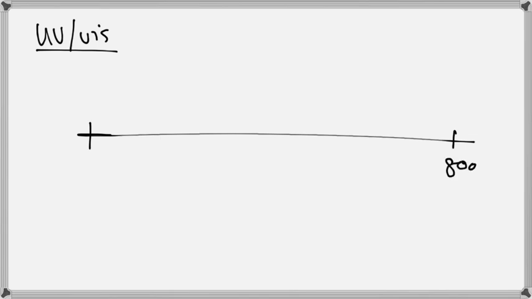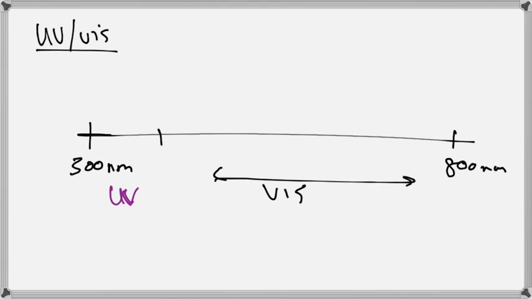I think ours might go as low as 300, but we go from 300 nanometers up to about 800 nanometers. 300 to 400 is our UV range. Come on, pen. UV. And then the rest of this is our visible spectrum, where we get red, purple, orange, yellow, green, blue, indigo.